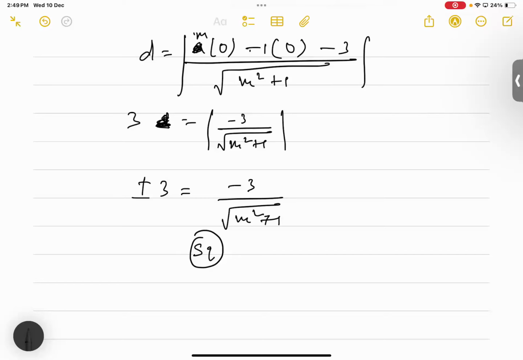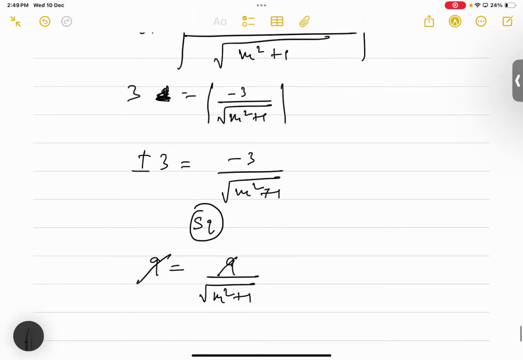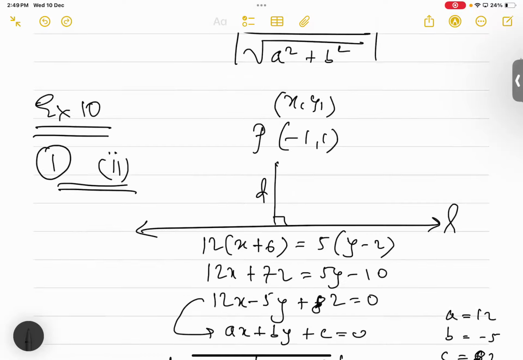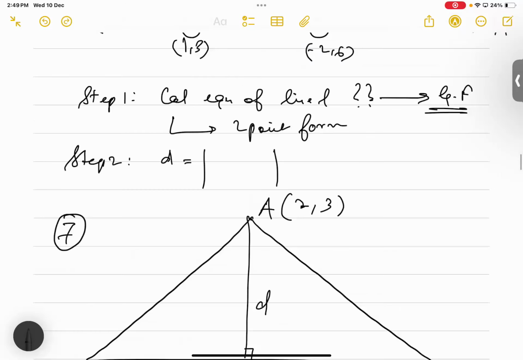If it is root minus something or root plus something, then you'll do rationalization. If you square both the sides, the minus sign will not matter at all. So this is 9 and this is also 9 times m square plus 1.